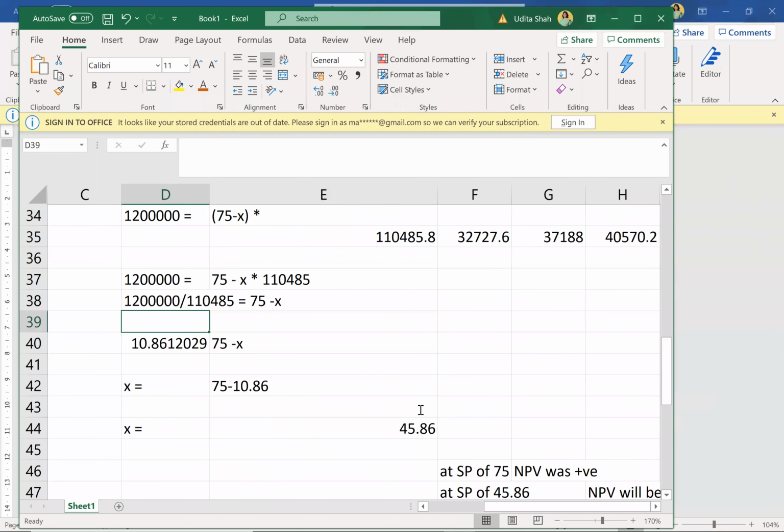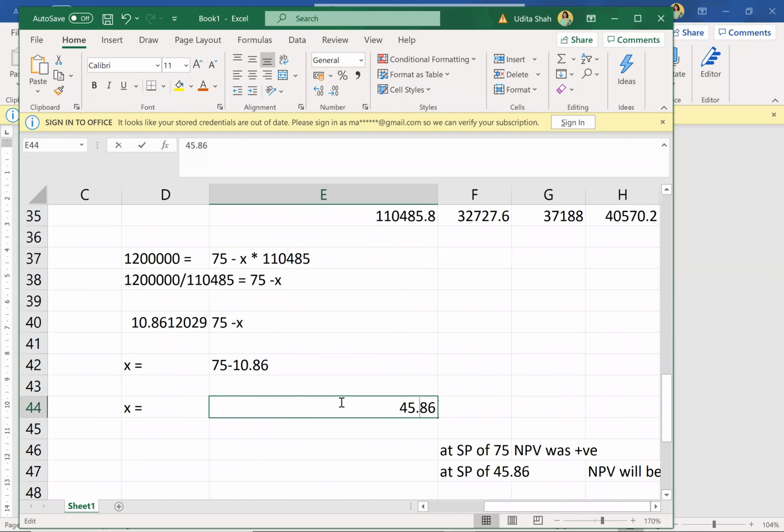Okay, so what is the X then? What is the new cost? The new cost will be 64.14.